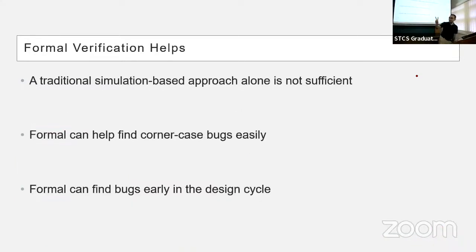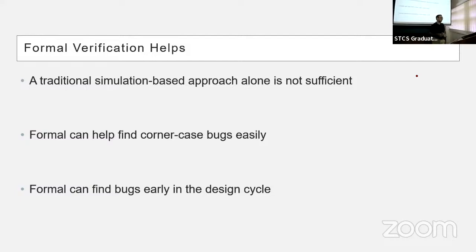So now two things. One thing that I earlier mentioned, that simulation is still mostly used, right? Plus this study results. If we look at these two things together, this basically tells us that the traditional simulation based approach that industry is using up to now, that approach alone is not sufficient.